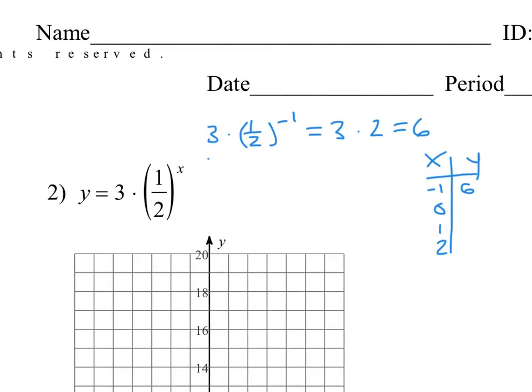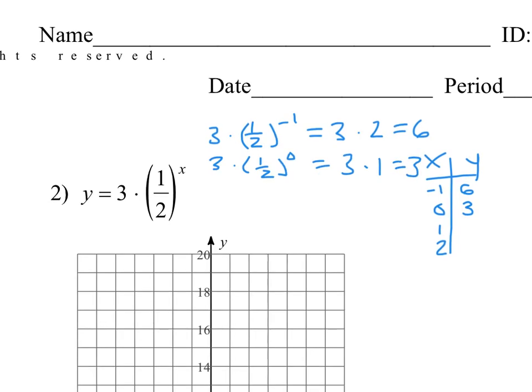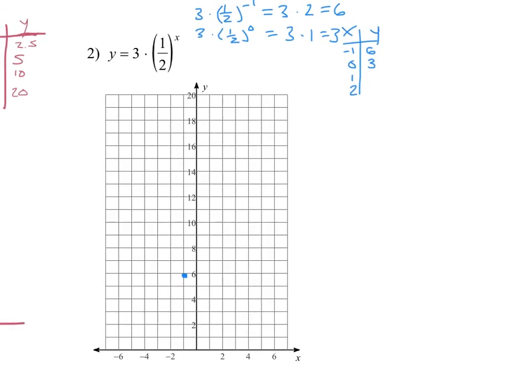Next, we're going to plug in 0. So we have 3 times 1/2 raised to the power of 0. This is 3 times anything raised to the 0 is 1. So 3 times 1 gives us 3. So we're going to stay on 0 and go up 3.